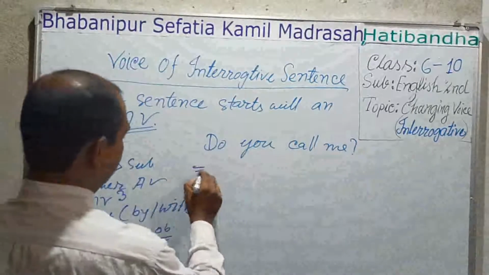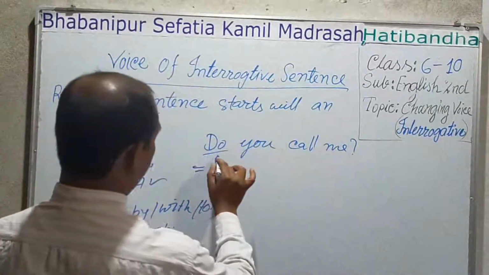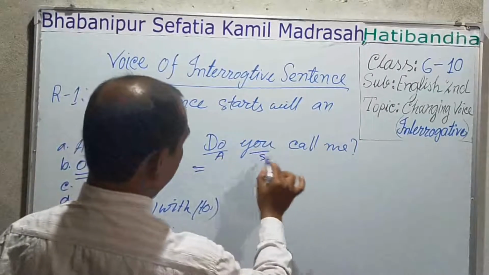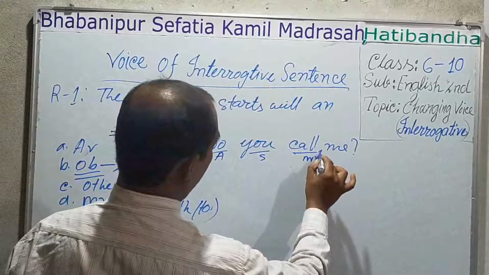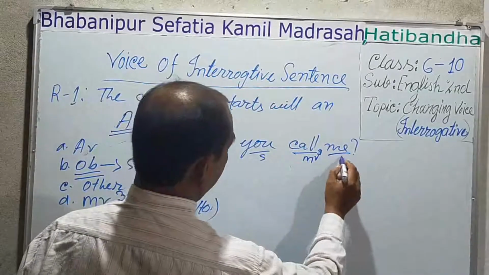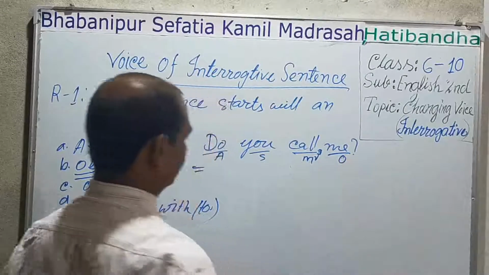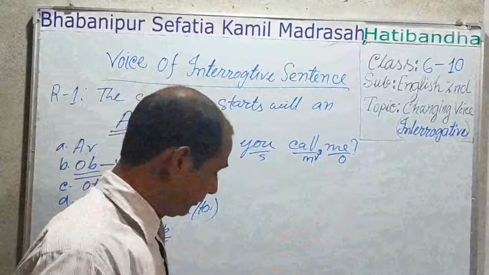How can we change it? Our do is an AV, subject, verb 1, I mean present form, and me is object.